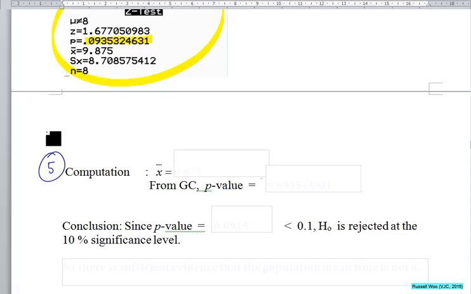Therefore, from the GC, you can let it calculate for you, or you can calculate on your own. This is useful now because the GC helps us calculate x bar, since the question gives individual values. X bar now is 9.875. From GC, p-value is 0.0935.